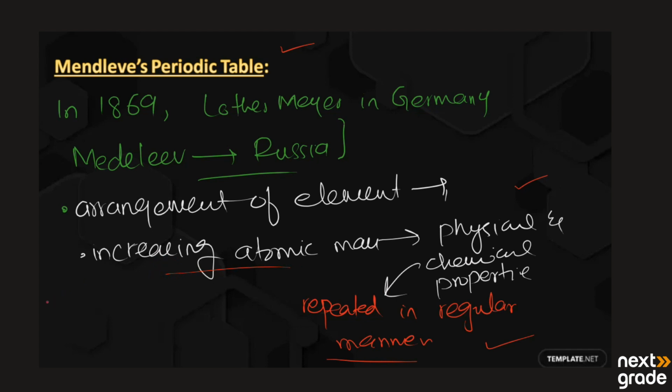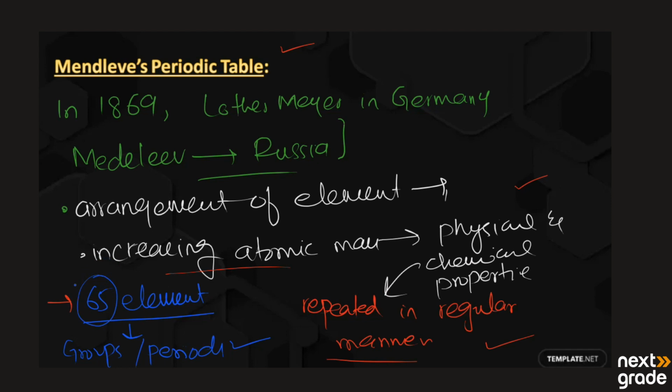Firstly he arranged a total of 65 elements in the form of groups as well as periods, and this arrangement was in the form of a periodic table.